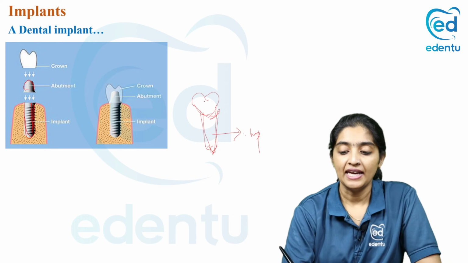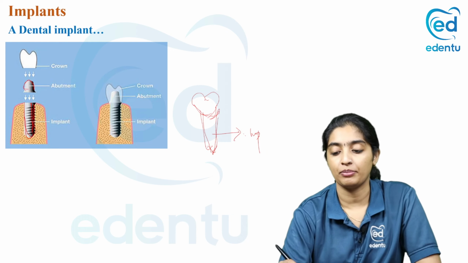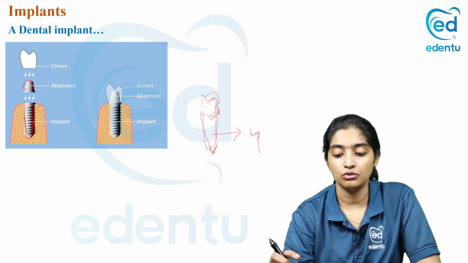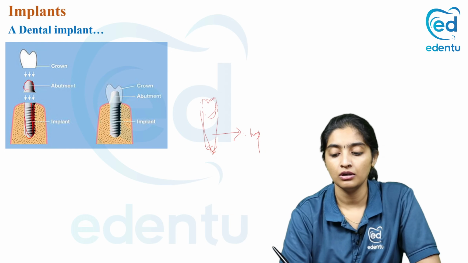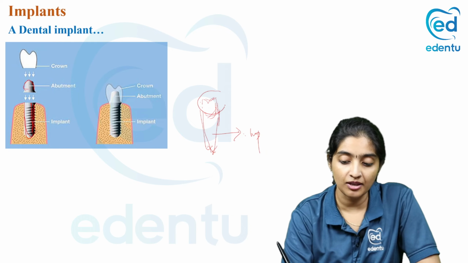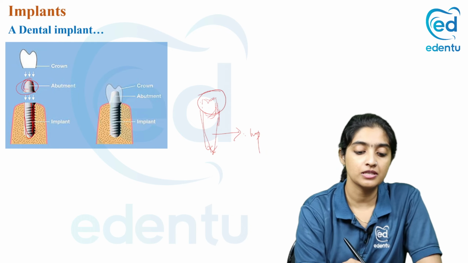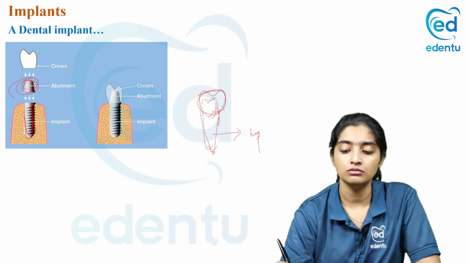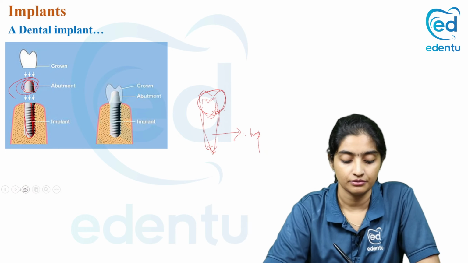Now let's say you're doing a tooth preparation. This is how you will do a tooth preparation on top of that. Your crown is gone. This is how a tooth preparation will look. This segment will compensate your abutment and of course your crown, like a normal tooth preparation.